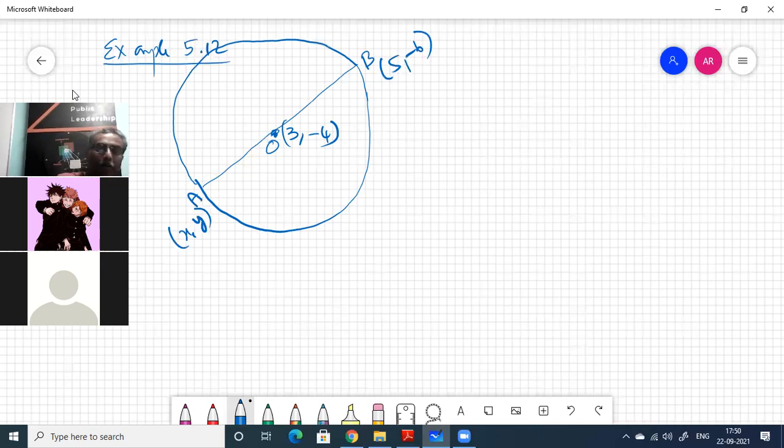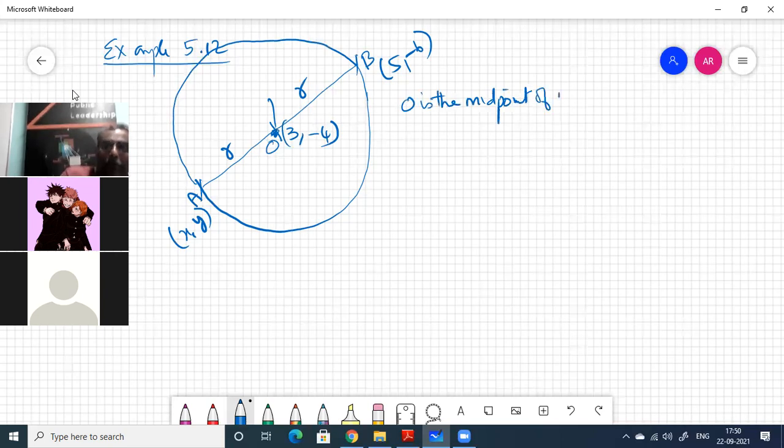Now, what do we know about a diameter? This radius is equal to this radius, so O is the midpoint of AB. That means AO is equal to OB. Now you have to use the midpoint formula: (x1 plus x2) by 2.